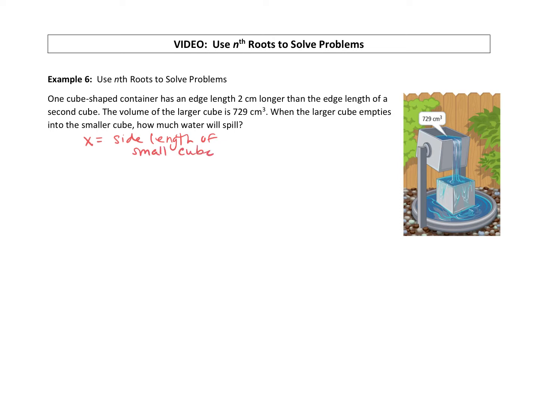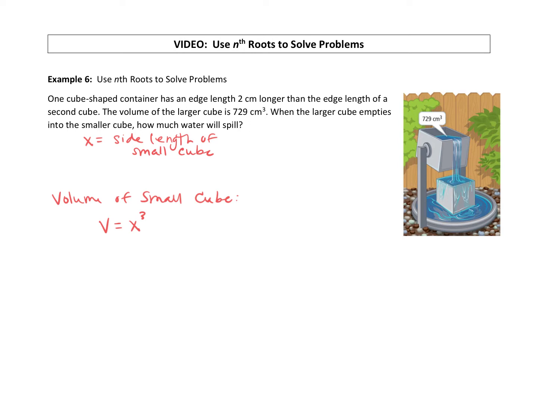So what that allows us to do is identify what the volume of the small cube is. Volume is equal to length times width times height. And because it's a cube, all three of those sides will be the same. So x times x times x gives us x to the third power.